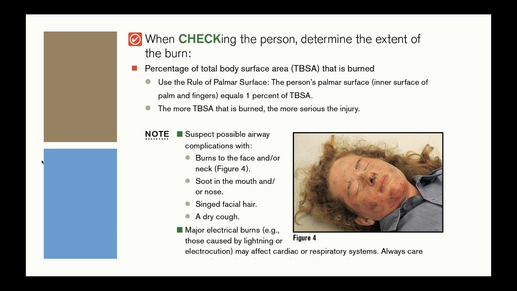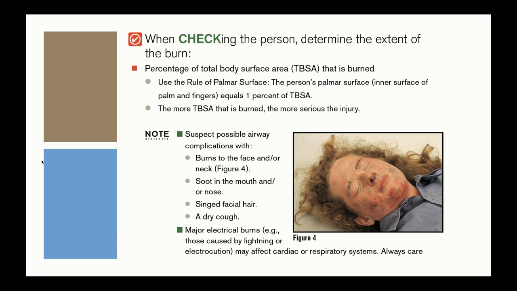When checking a person for the extent of the burn, so that we can start making decisions on whether or not to evac the person, we're going to look at the total body surface. A person's palmar surface, the inner surface of the palm and the fingers, is 1% of total body surface.